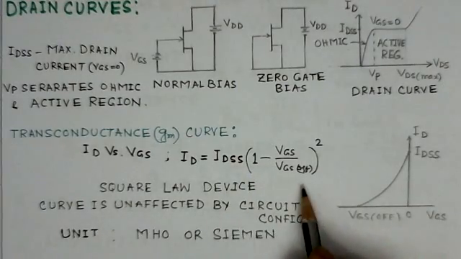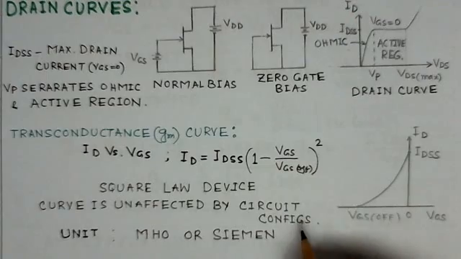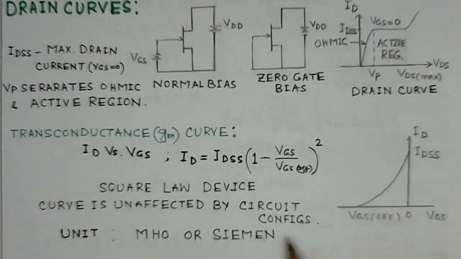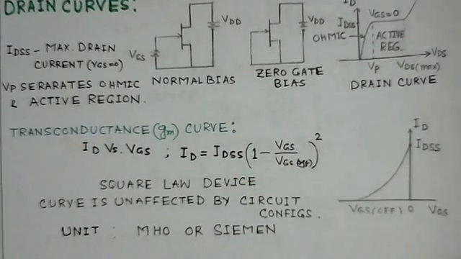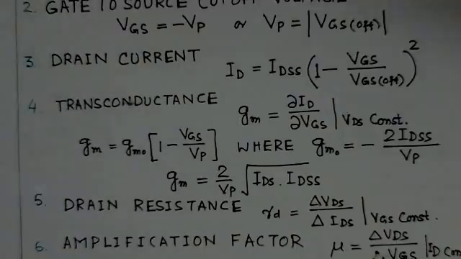This is basically a square law device, as is obvious from its characteristics. Something very important is that this curve is not affected by the circuit configurations. The unit for transconductance is mhos or the Siemens.